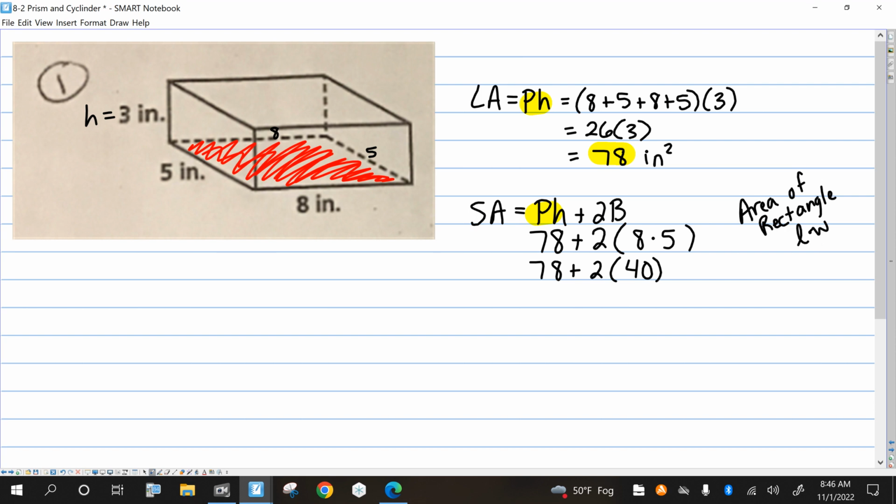So what's 2 times 40? 80. So 78 plus 80 is, and then units with it? Good. So there's my surface area and my lateral area.